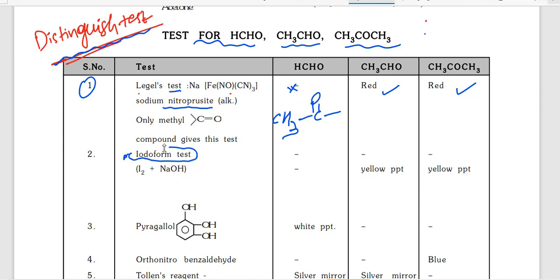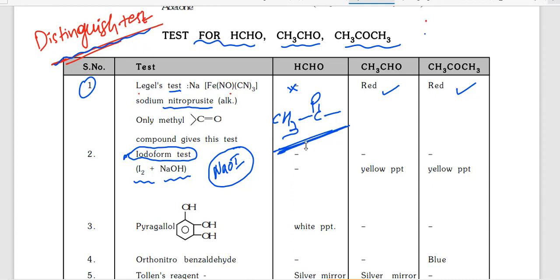Similarly, in the iodoform test the reagent is iodine plus NaOH. Sometimes you may find NaOI, because these are both the same only. The reaction of iodine with sodium hydroxide forms NaOI. Now, formaldehyde does not give this iodoform test. Similarly, methyl ketones or methyl aldehydes are required.